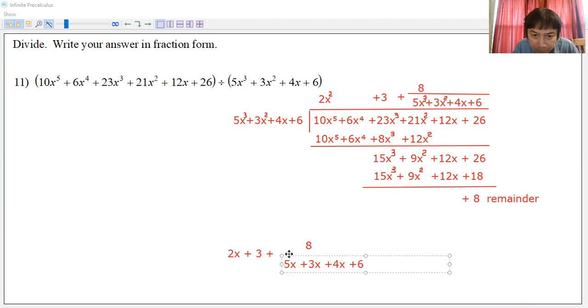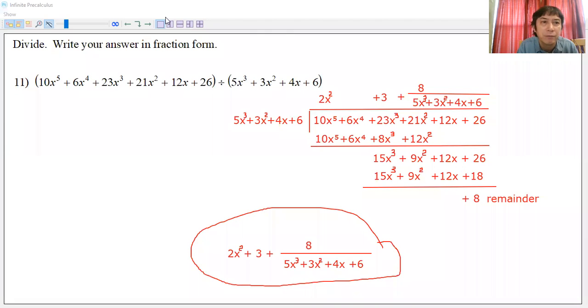And so we put the exponents: this is squared, this is cube, this is squared. And then we put the fraction symbol. And this is our quotient. This must be our answer.